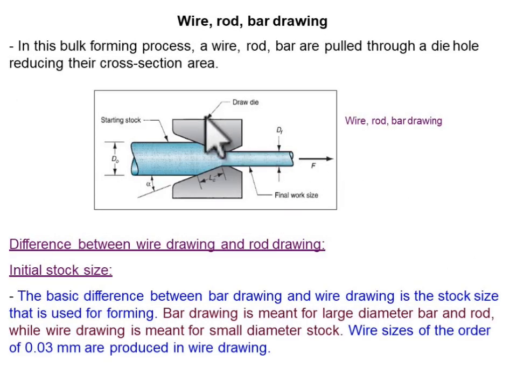This is a single unit representation of the drawing process, meaning we have only one arrangement of the die. If we add another die here to reduce the diameter, and again arrange a die to reduce the diameter further, then it is called a multi-stage drawing process.